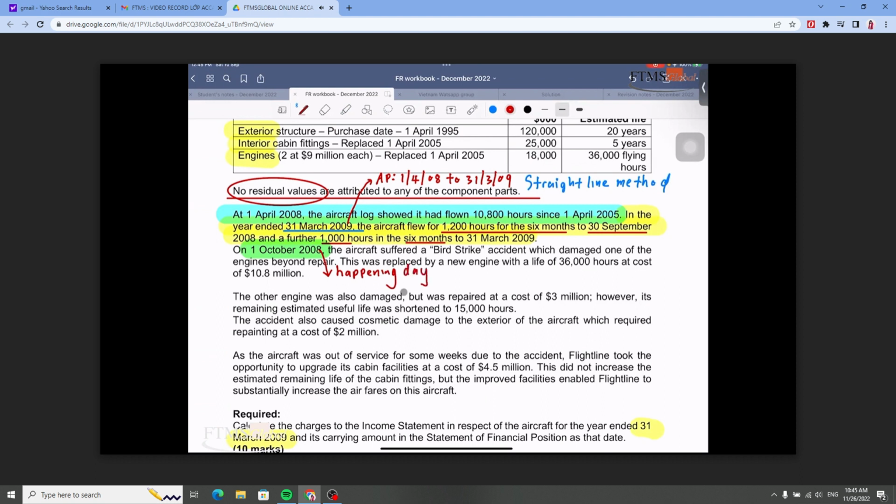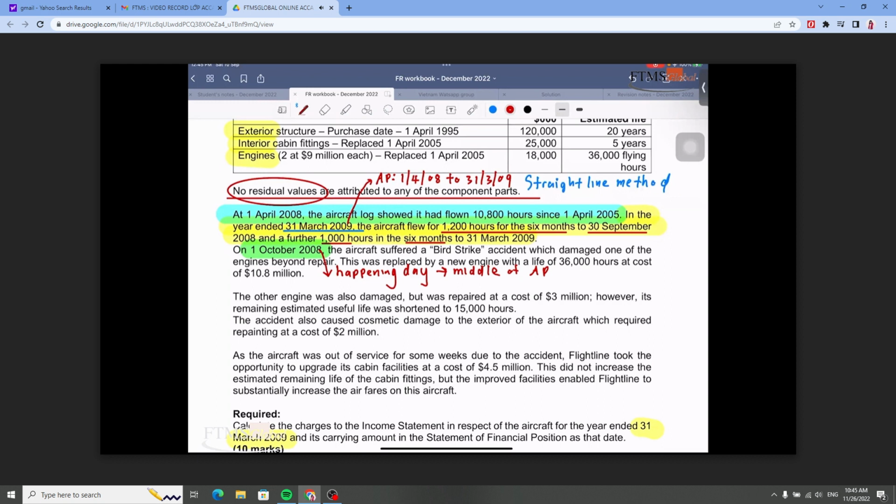And the bad thing is this happening day, right, is in the middle of your accounting period. This is the bad thing. This happening day fall in the middle of your accounting period. It's not at the start, not at the end, it's in the middle of your accounting period. Then of course, this means trouble for us. Right? If it happened at the start or happened at the end, then easier.